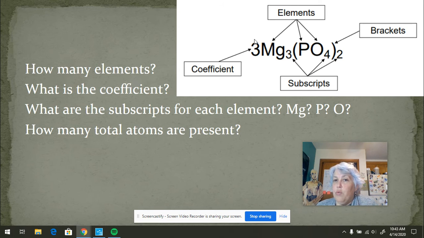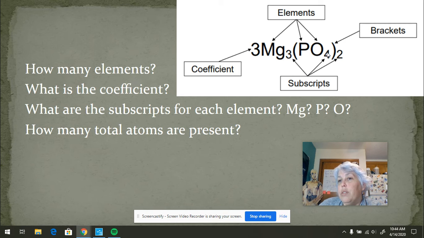What are we going to do with this 3? Well, the 3 is going to apply to the magnesium, the 3 is going to apply to all the phosphorus, and the 3 is going to apply to all the oxygen. So if we count them up, we've got 3 times 3 magnesiums, so that's 9. And we've got 2 phosphorus times 3, so 6 phosphorus.